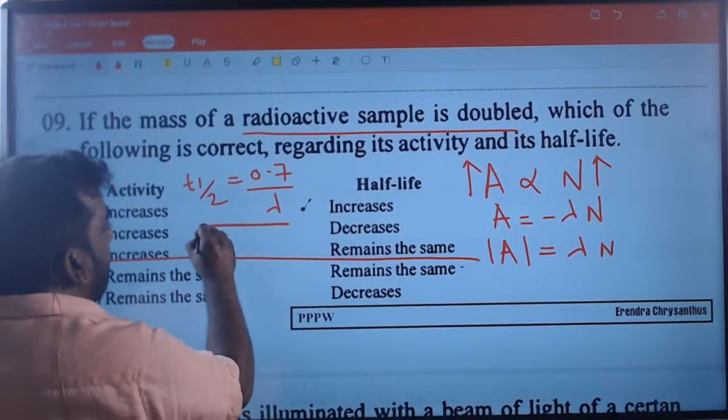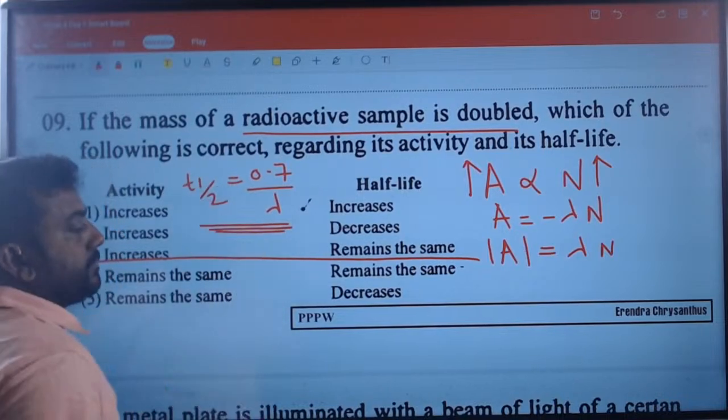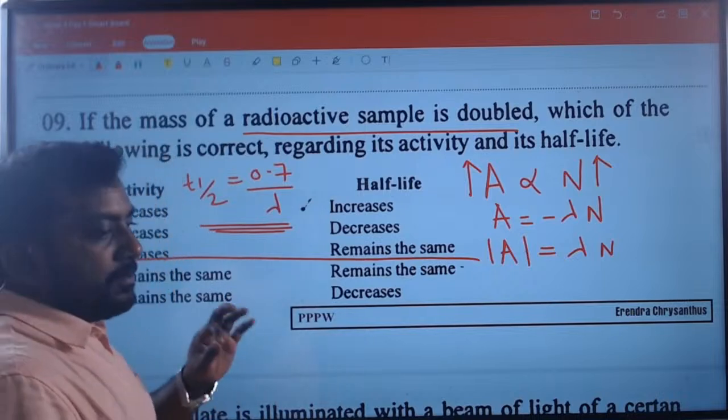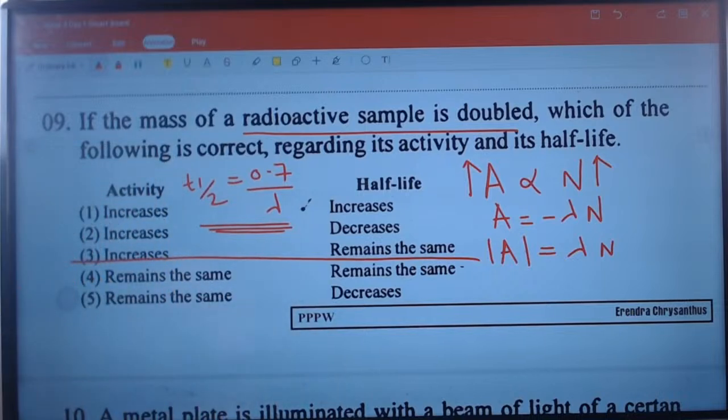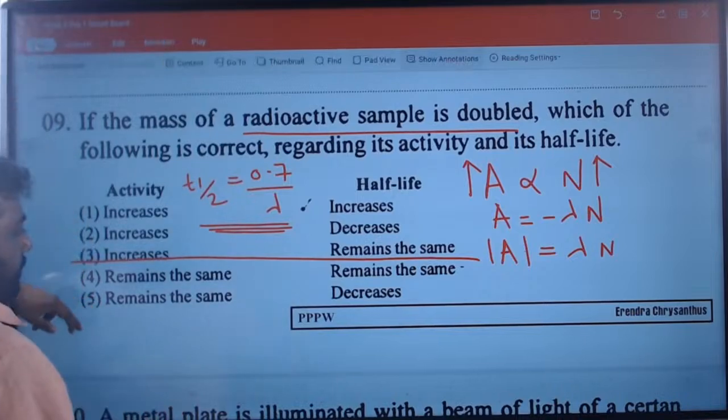But the half-life is a property of the substance, and the half-life will remain unchanged. Okay. Right. Moving on.